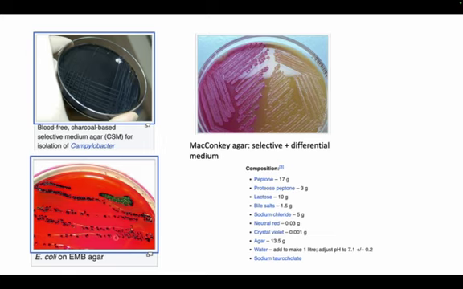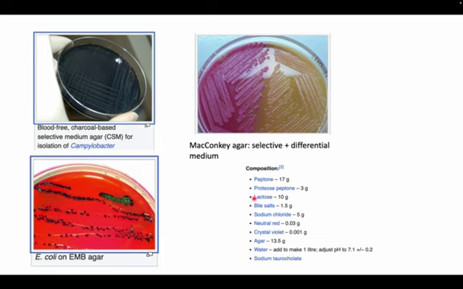We also have things called differential media, which means that different bacteria grow in different ways on the media. This is something called MacConkey agar. On this plate you can see we have streaked two different kinds of bacteria, and one side of the plate is turned pink, and the other side is yellow. This is because if we look at the composition of MacConkey agar, we see this extra carbon source, lactose.